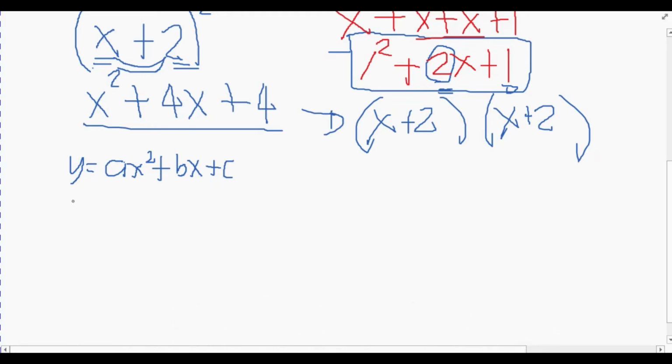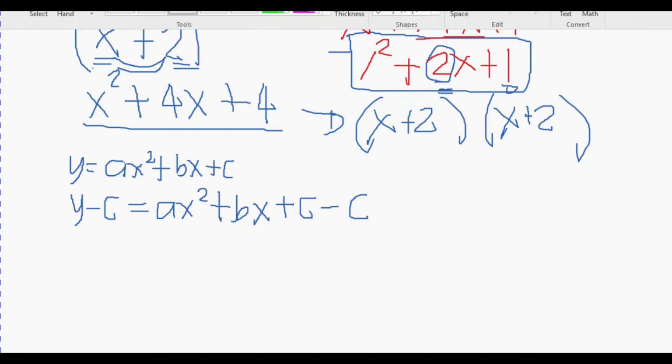So this will become y minus c equals ax squared plus bx plus c minus c.